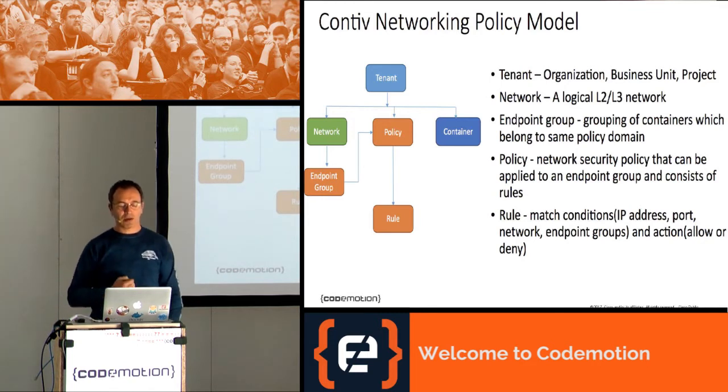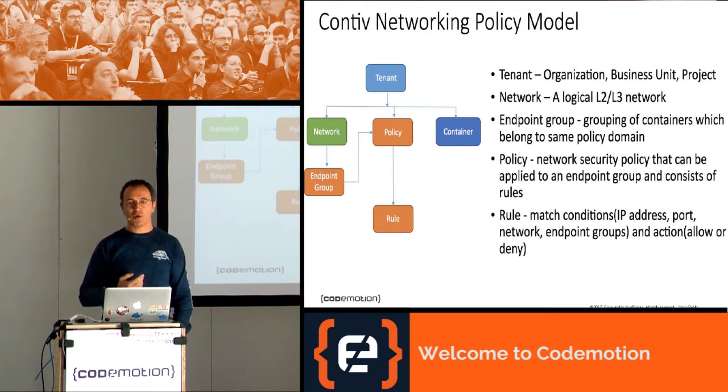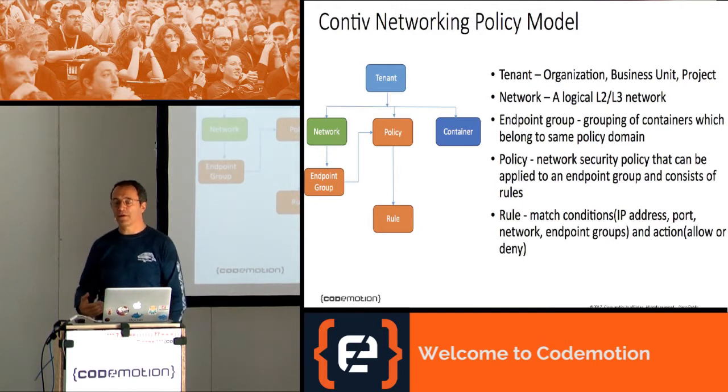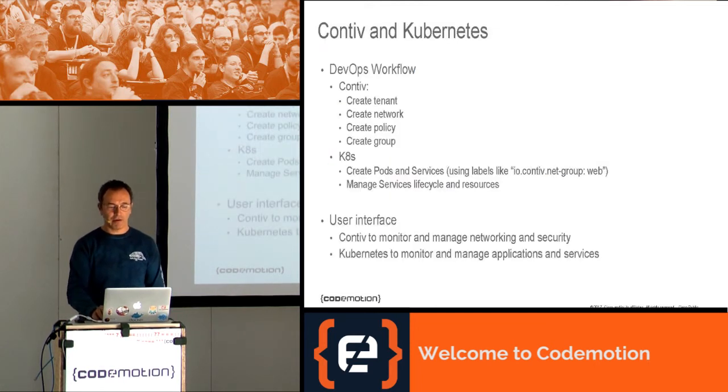Networks can be attached to groups of endpoints, and the endpoints will contain a number of policies that are made of rules. So I can have 3 policies in an endpoint group, and every policy can contain from 0 to a large number of rules that we will see how are defined.